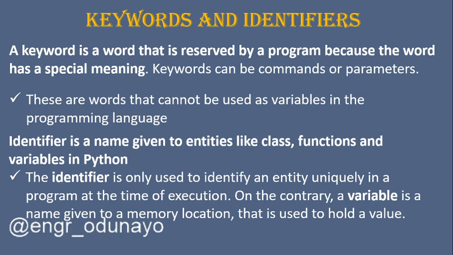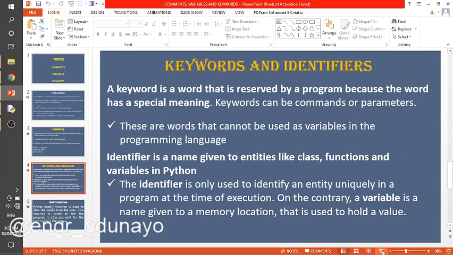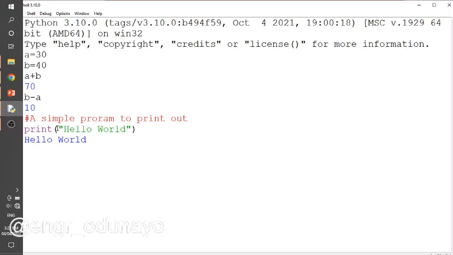What are we saying here? Now, back to our program. If you find here that we use the word print, print is a reserved keyword. It cannot be used as a variable. Let's give it a try. Let's say print is equal to 10. Now it's taking print as a different word.